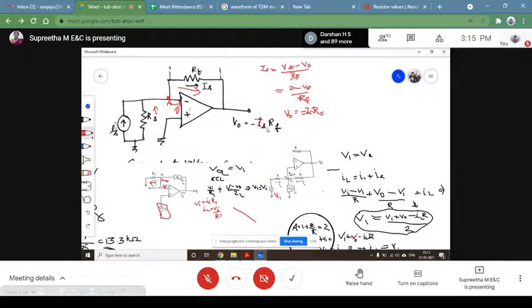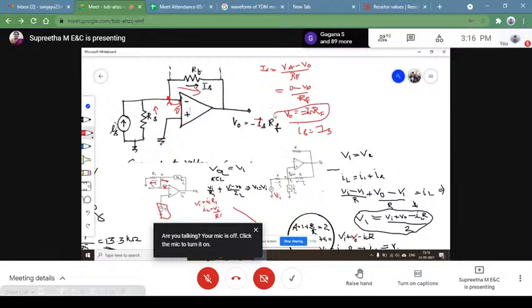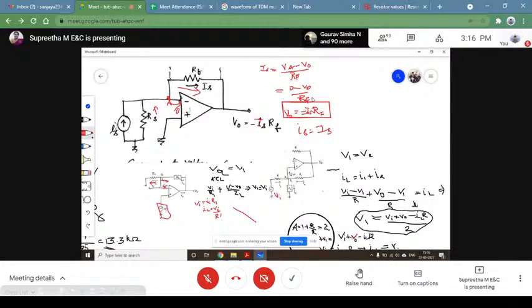That is IS. Both these currents are equal, so the source current IS, when multiplied with the resistance RF, gives me the output potential. This is the voltage which is proportional to the source current. Is it not? This is your output voltage which is proportional to the current.